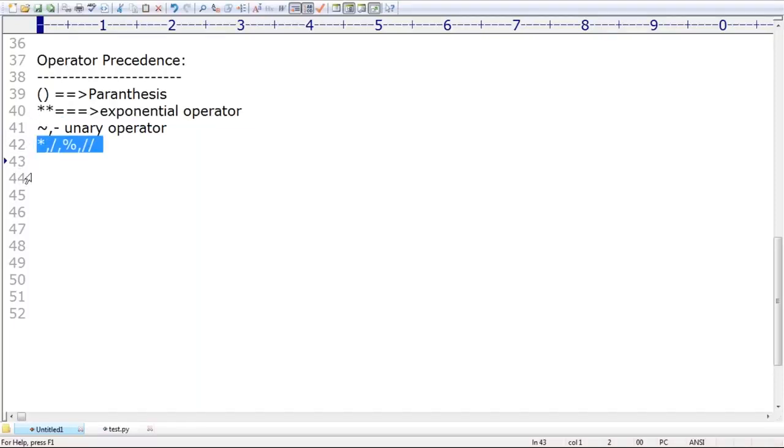After multiplication, division, and modulo, the plus and minus operators get the next priority. After that, the left shift and right shift operators.